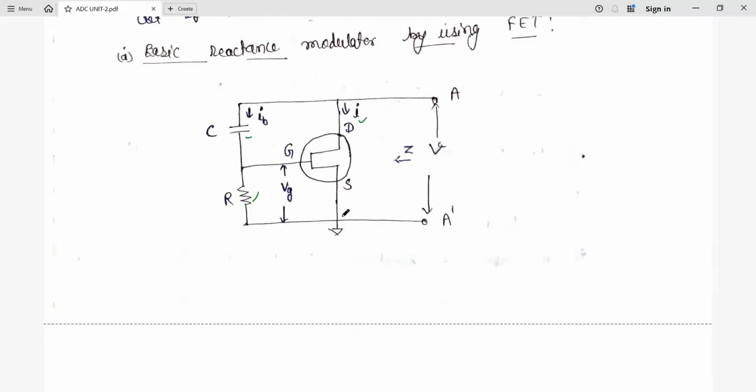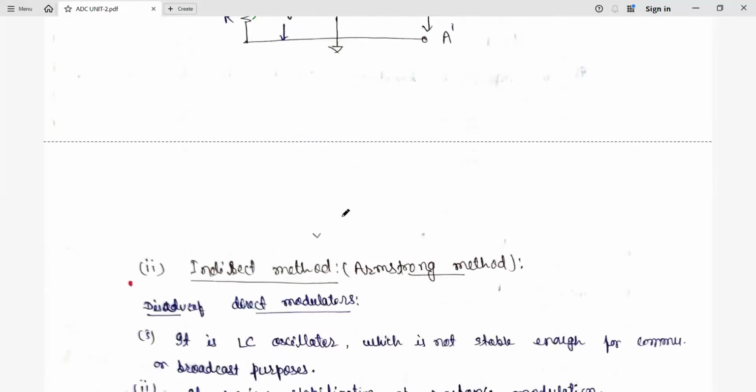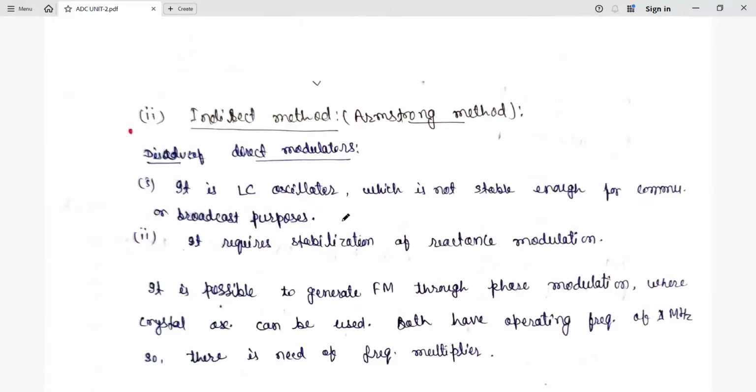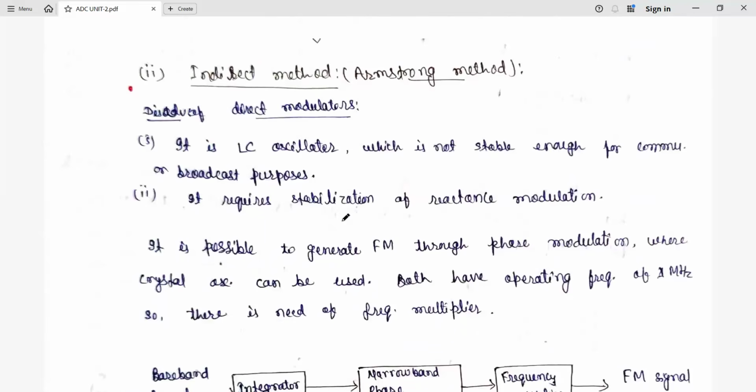Apart from this, we also have the varactor diode modulators. But most important here is the indirect method.